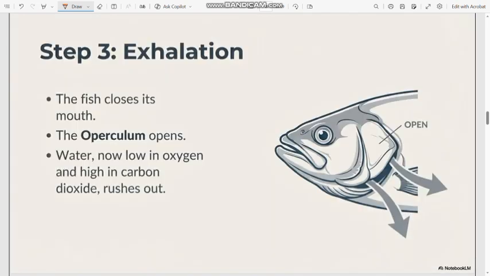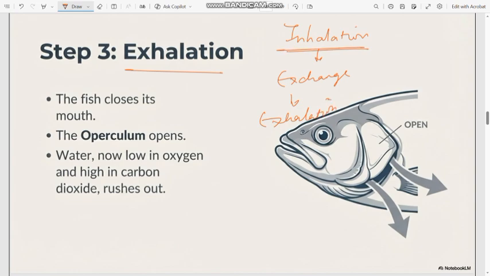And so how does exhalation happen? Remember, there is inhalation, gaseous exchange, and there's an exhalation. Inhalation is where they are taking in water.